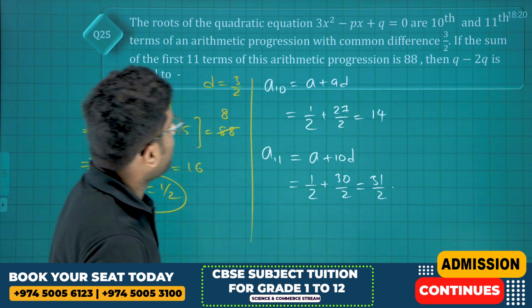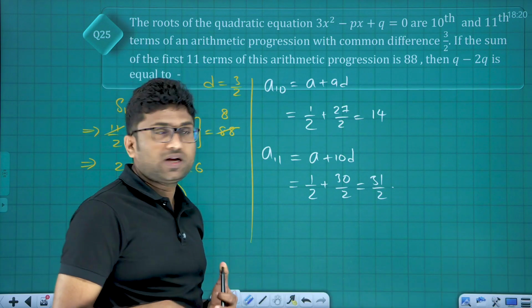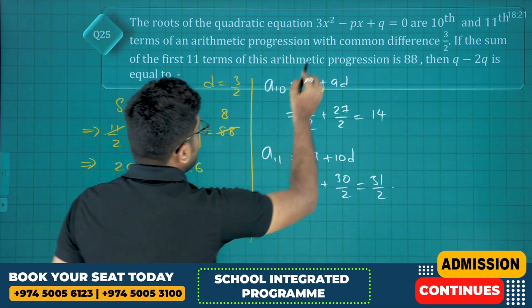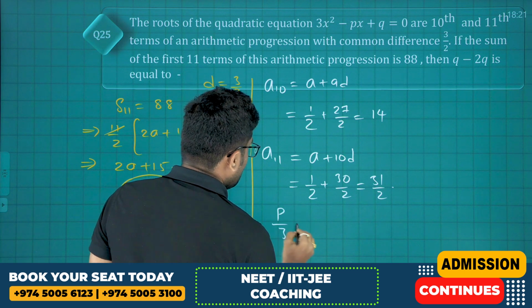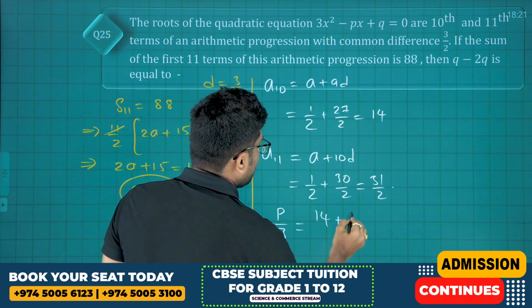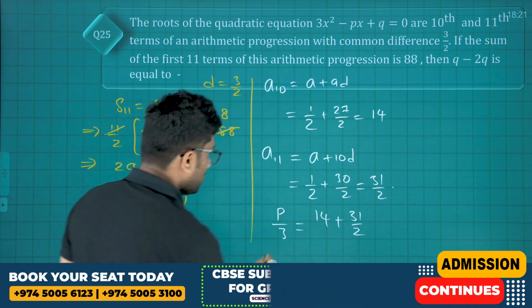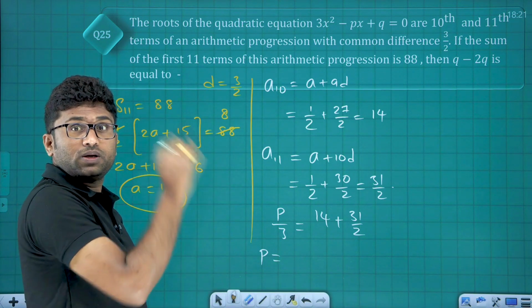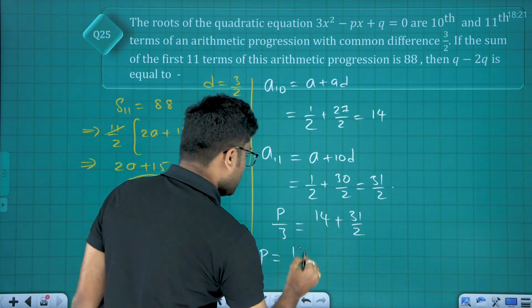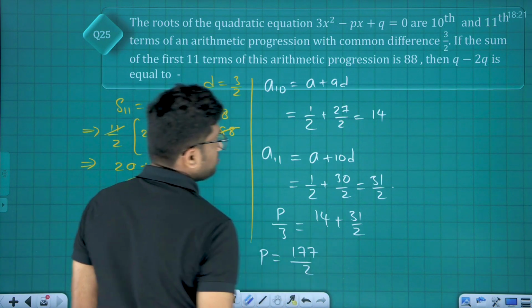Now they are asking us to find the values of p and q. The sum of the roots is p by 3, which is equal to 14 plus 31 by 2. So from here p is equal to 177 by 2.